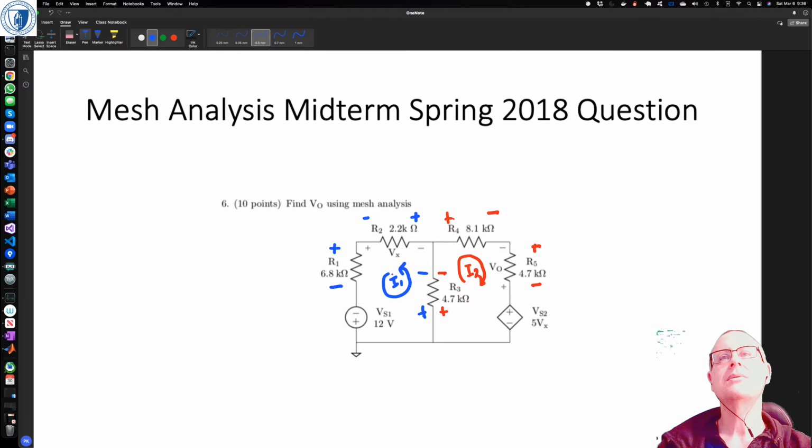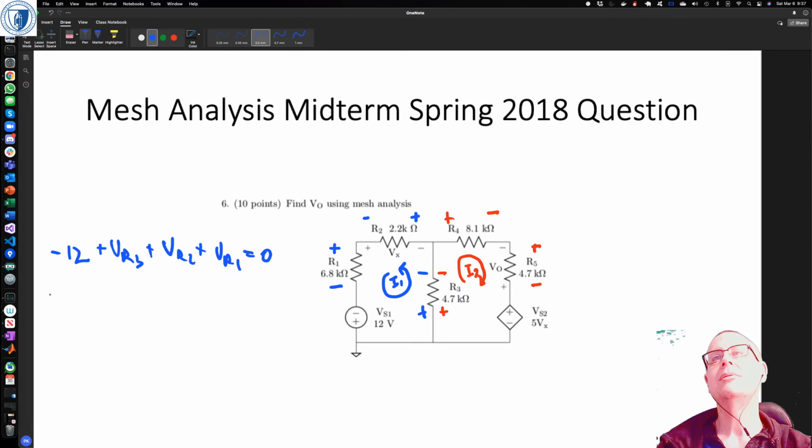Let's go through the voltage source first. So minus 12, right? We're going into the minus side of VS1, plus VR3, plus VR2, plus VR1 equals 0. Let's just keep going with this one for a little bit. So it's minus 12, VR3.